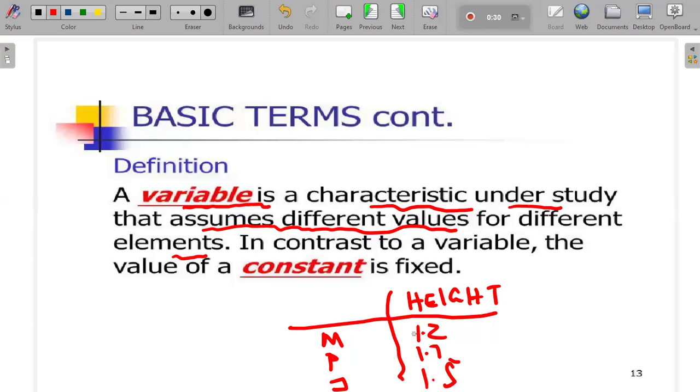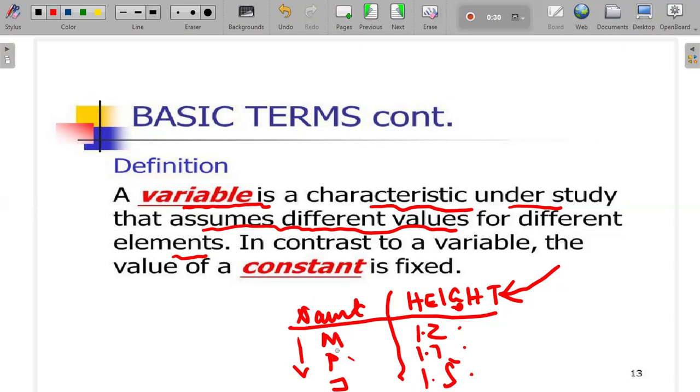So which one here is the variable? The variable here is the height. This height is assuming different values for different elements. Remember the definition of elements from the previous discussion that we had. Here we are going to say name. So these names here are elements of this specific data set.